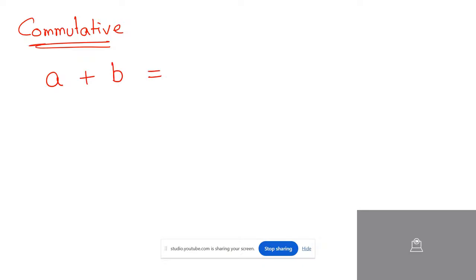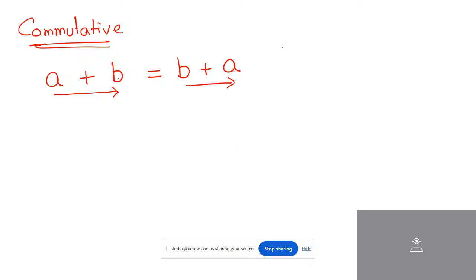multiplication. अब next property है commutative. So what is commutative property? So commutative property is when you add any two numbers in any order. That means a plus b we are adding, that means we are adding b to a. And now you add a to b, that means you reverse the order.